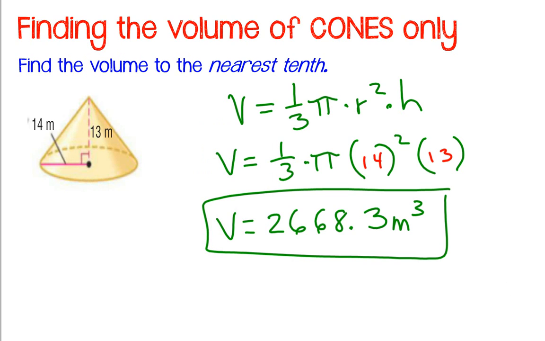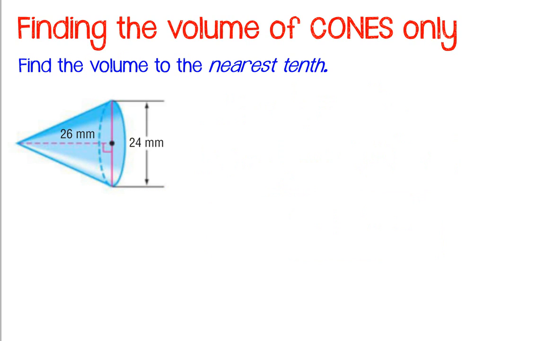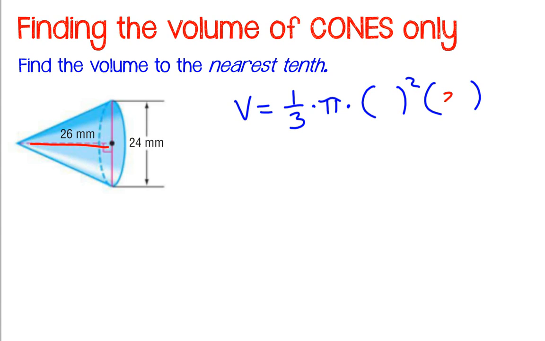Okay, let's take a look at another question. Find the volume of this cone, but you'll notice in this cone, we are not given a radius. So the volume is going to be equal to 1/3 times pi times the radius squared times the height. Well, the height is 26 millimeters, but the radius is only halfway across, so half of 24 is 12.